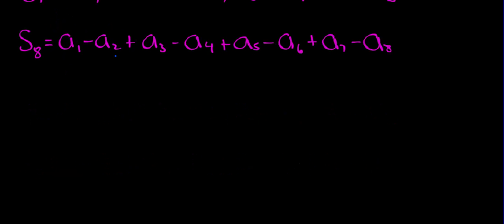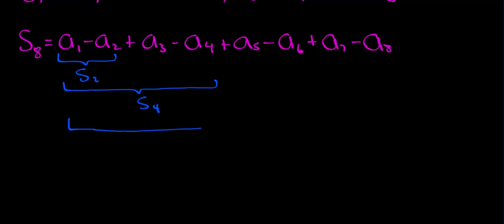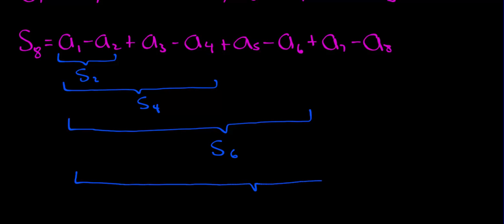Now let's think about the partial sums, and in particular the even partial sums. This right here would be S2. If we add these two over here, that would be S4. Then we add some more to get S6, and a couple more to get S8.